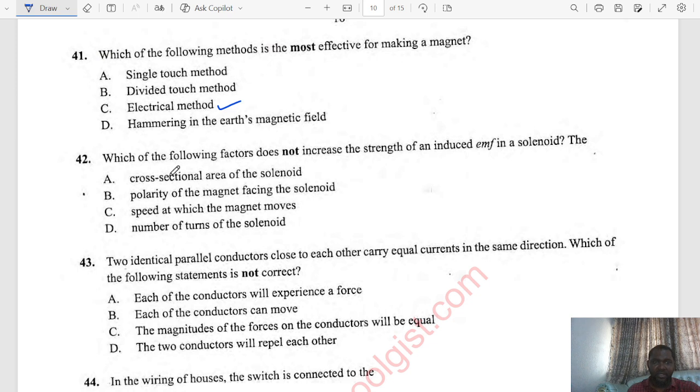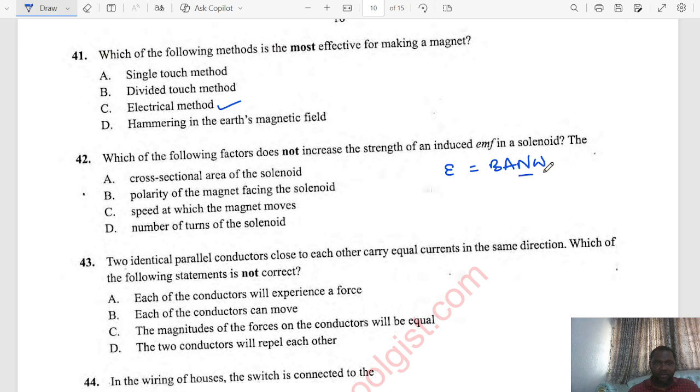The next one says, which of the following factors does not increase the strength of an induced EMF in a solenoid? The induced EMF in a solenoid, we can use BAN omega, that's in a loop, which is approximately a solenoid.